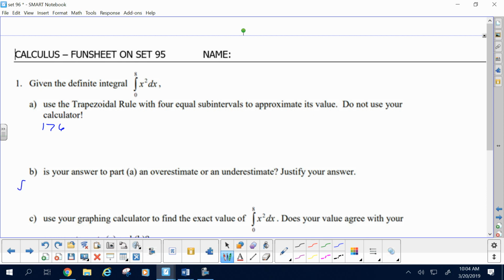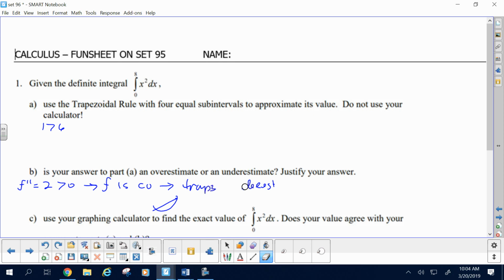B, we found that F double prime, which was 2, is greater than 0, so F is concave up, which implies that trapezoids will underestimate, right? Overestimate. My bad, you're right and I'm wrong. I apologize. Overestimate. Okay.